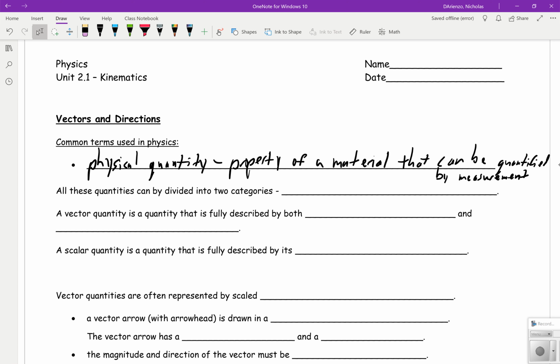And all these quantities can be divided into two categories. You're going to see a lot of this year. Those categories are scalar and vector, two important physics terms.